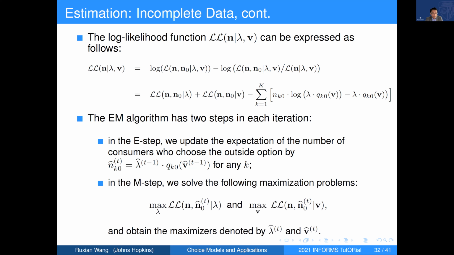And then in the M step, we solve the maximization problems for market size and for the attribute coefficients V. We find that this one is quite straightforward, because for the market size, we have a closed form expression. And for the consumer choice behavior, the log likelihood function is jointly concave. So this part is quite easy to proceed.